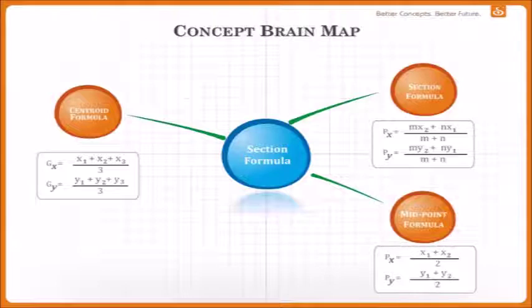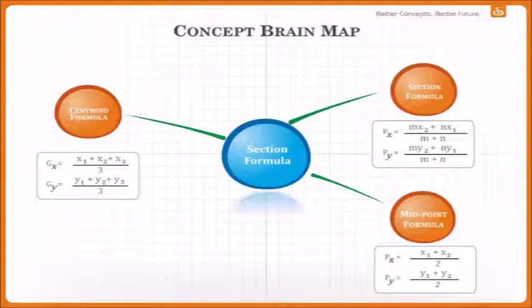Now next we have is the midpoint formula. If A and B are 2 points again with the same coordinates and P is the midpoint of AB, then the coordinates of the point P will be x1 plus x2 upon 2 and y1 plus y2 upon 2. Now we have the centroid formula.